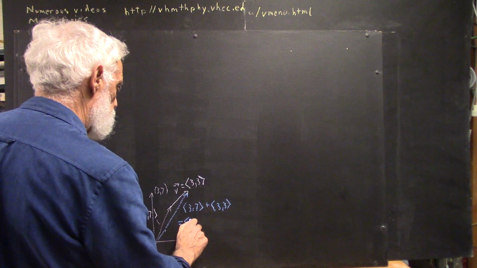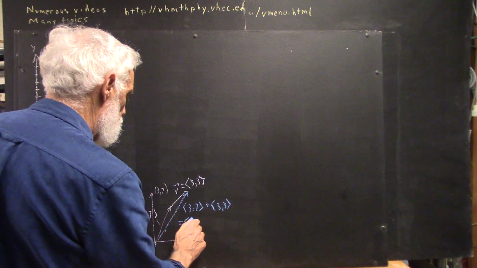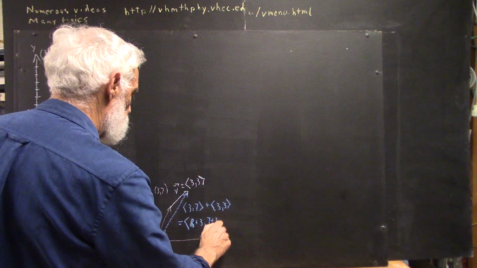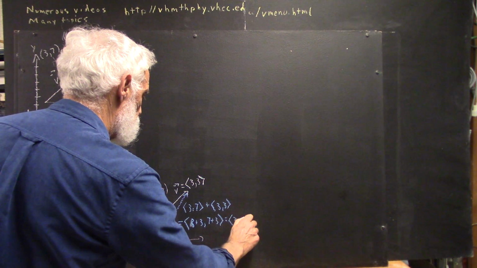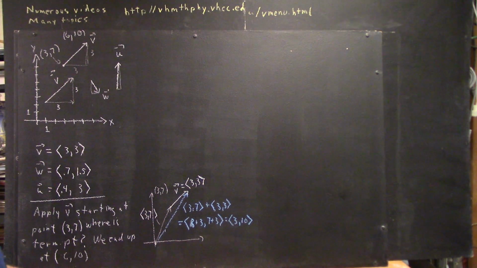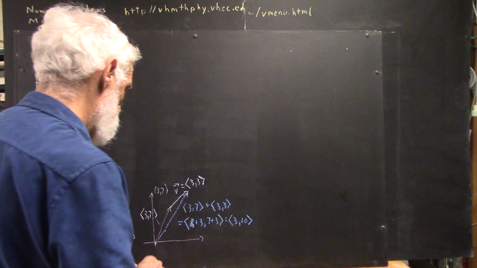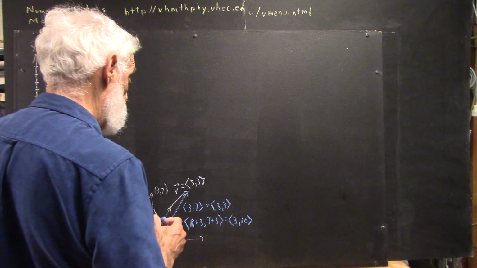That equals the vector, well, let's just write it out. 3 plus 3, 7 plus 3, which is the vector 6, 10. And that vector starts at the origin and ends at this point, meaning that this point must be the point 6, 10.